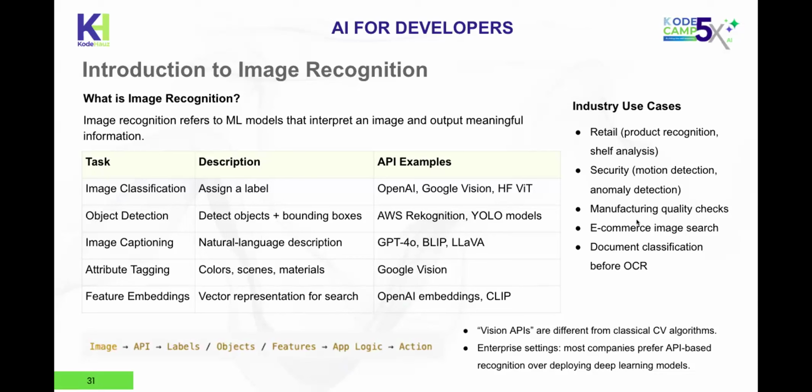Then e-commerce image search: if you want to search for images of particular products or the kind of things that you want, you can essentially do that using image recognition as well. Then document classification before OCR, right? So you can use it to classify your documents even before you start your OCR. So that's a very good use for image recognition as well.